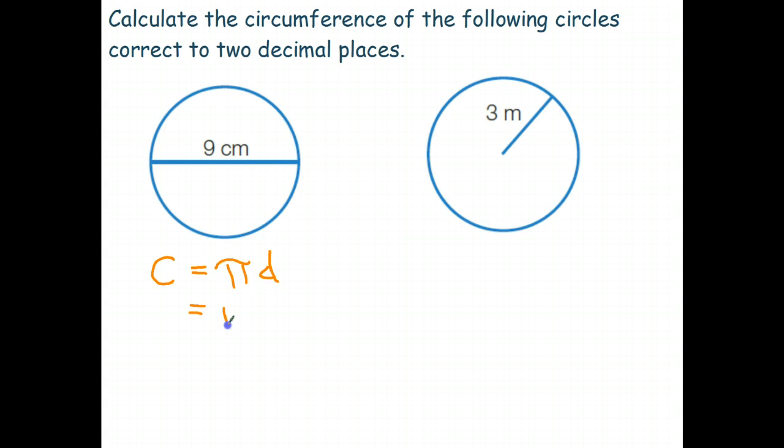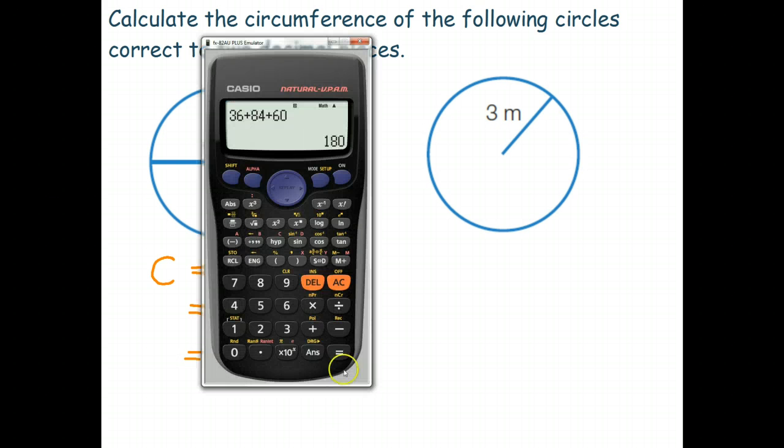So I'm just going to keep that pi as pi. I'll just make sure I press the pi button on the calculator when I do the calculation, and times the diameter, which is 9. So first line, write the formula. Second line, substitute. Third line, work out the answers. Pi times 9. So clear what I have.